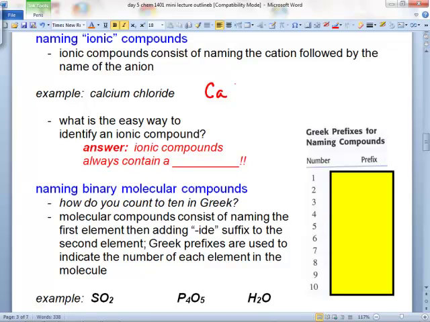Its charge would be what? It has to be positive 2, right? Because it's in group 2. Another hint is that you don't see any Roman numerals there. No parentheses with Roman numerals. So that means it's got to be +1 or +2. You just have to look on the periodic table to see which one it is. So it has to be +2.